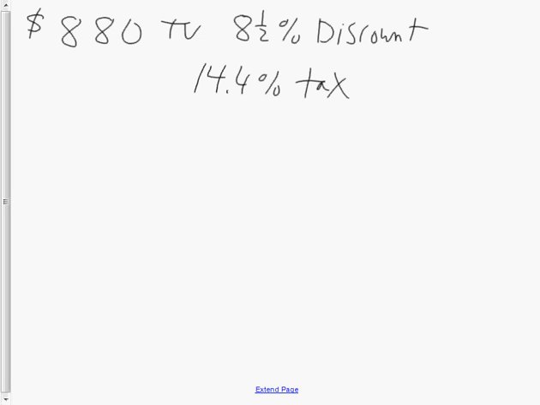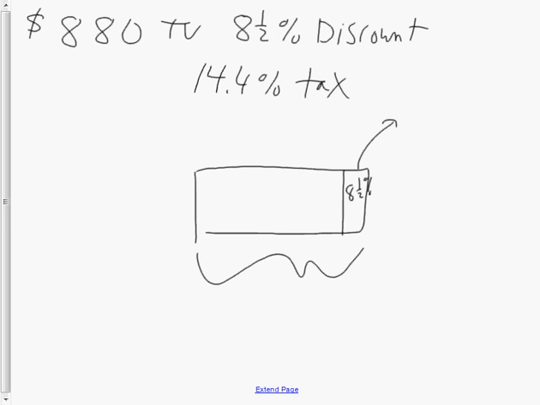So the only variation we really need for this is to find a discount and then a tax on top of it. So the $880 TV is going to be given an 8.5% discount. So there are 2 ways to do this, as I explained before. If this is the 8.5% discount, and this whole thing represents $880, and if they're going to take off 8.5%, that means I only have to pay for 91.5% of the item.